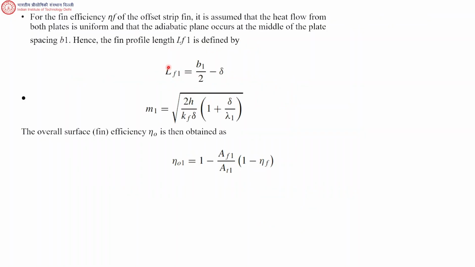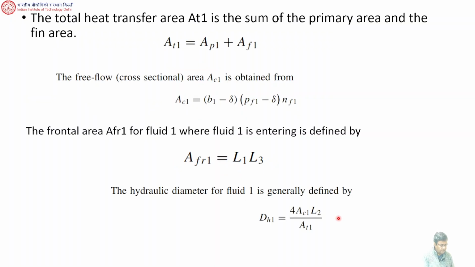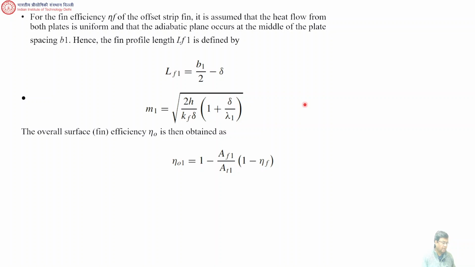And then there is some hydraulic diameter calculation, and some free flow cross sectional area calculation. These things you can just follow. This is all there in the book. And then remember that since these are fin surfaces, you have to get the individual fin efficiency. From that, you have to get the overall surface efficiency also. Correct?